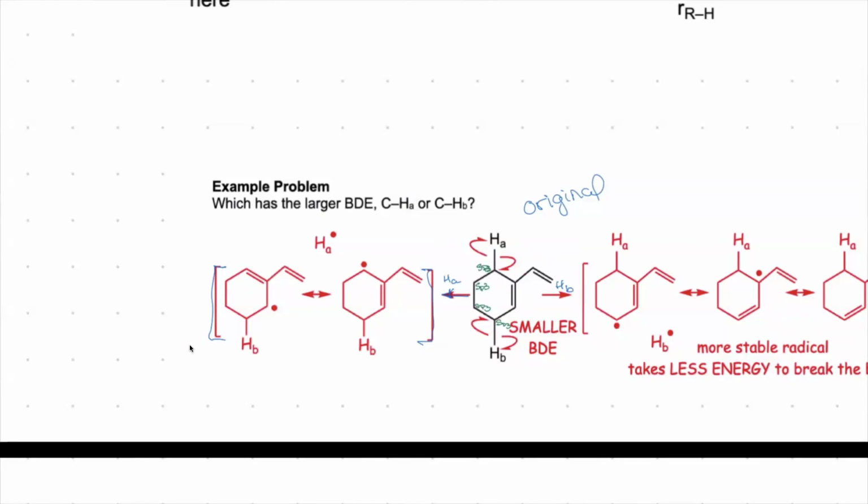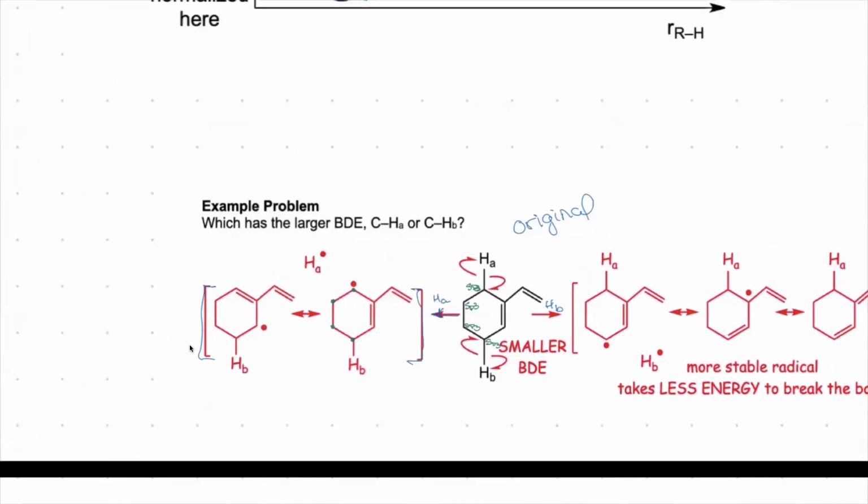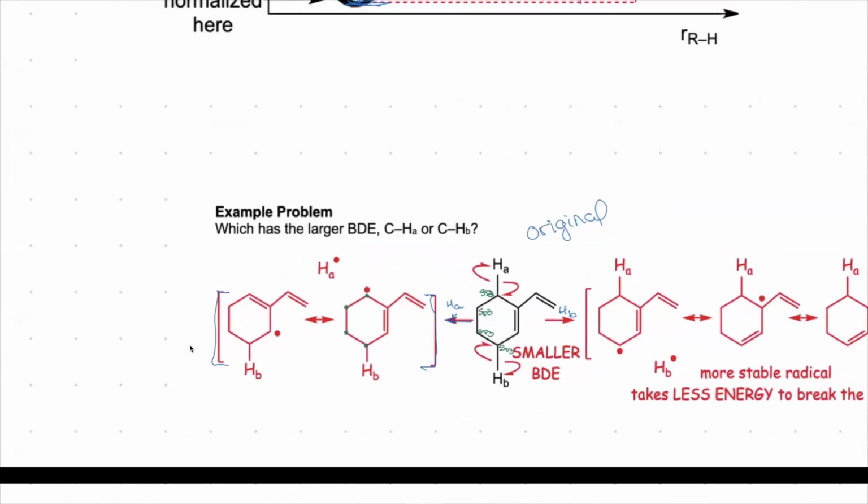So our sp3 hybridized ones originally were these. But remember that when we break this bond, it means that it's no longer sp3 hybridized. We do have a hydrogen here as well; it's not drawn because we don't care about it right now. We broke this bond, which means that we are now sp2 hybridized.